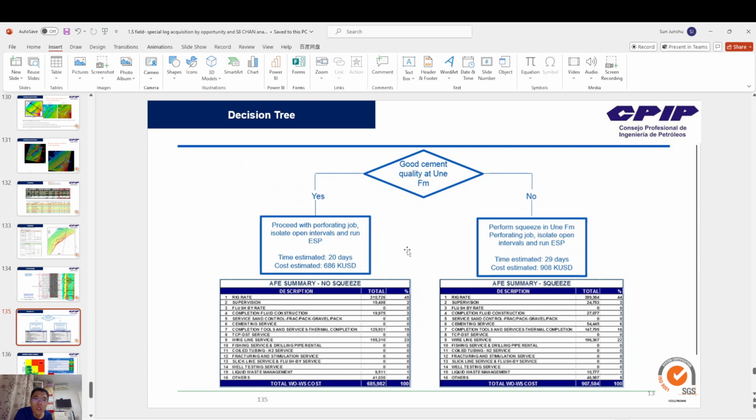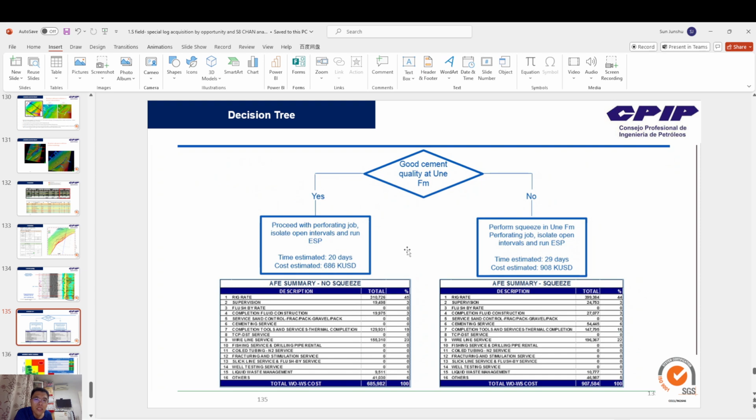If the cement at Wuni is good quality, then proceed with the perforating job, isolate open wells, and run ESP. Timing estimated 20 days. Cost estimated 686,000 US dollars.